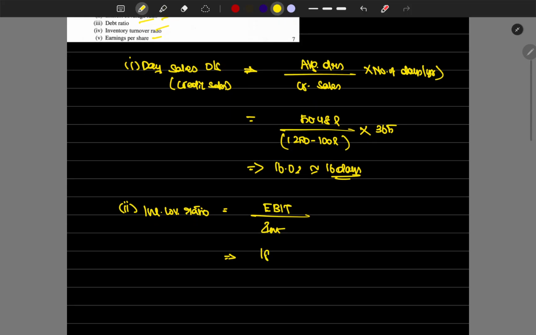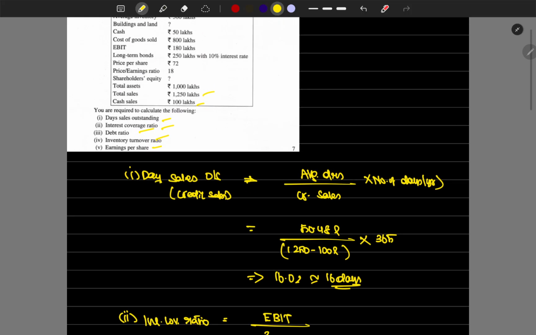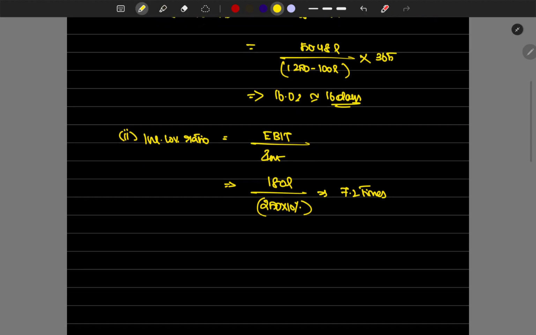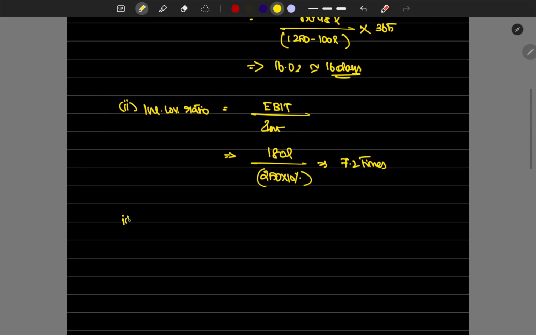EBIT is 180 lakhs. Interest is 250 into 10 percent, which is 25. So 180 divided by 25 is 7.2 times. The EBIT can cover the interest 7.2 times.